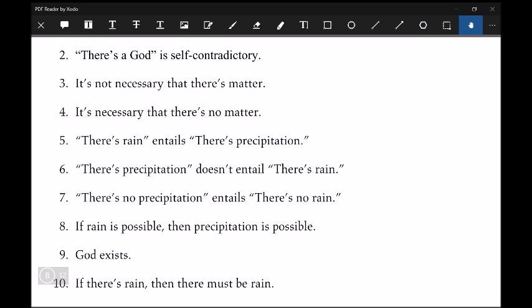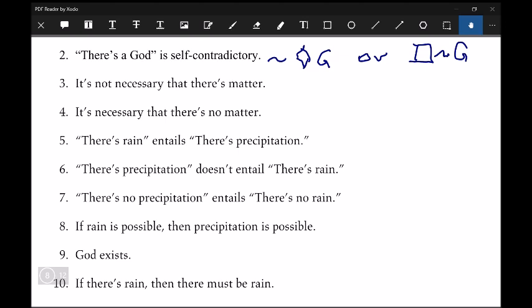There is a God is self-contradictory. That would go not possible G, or you could say necessary not G. You have to give them both? No, it's just two different ways of saying that. There are people who hold that the existence of God is self-contradictory because they say the characteristics of God don't fit together.